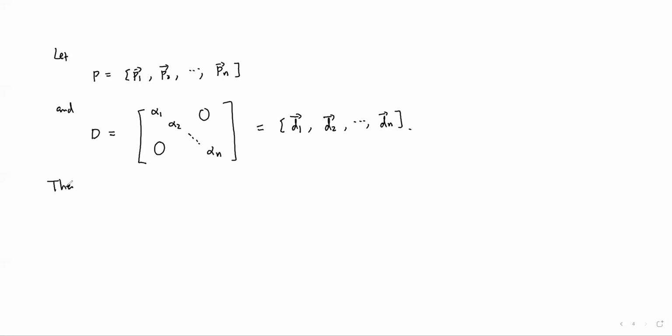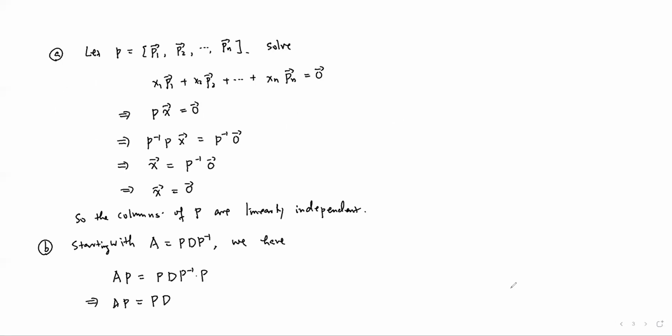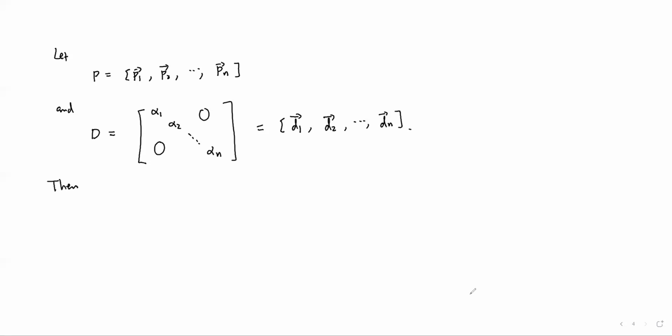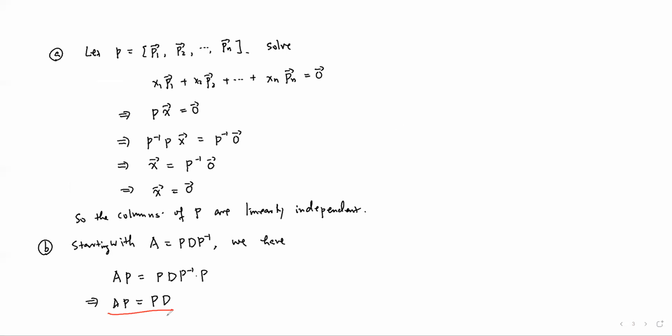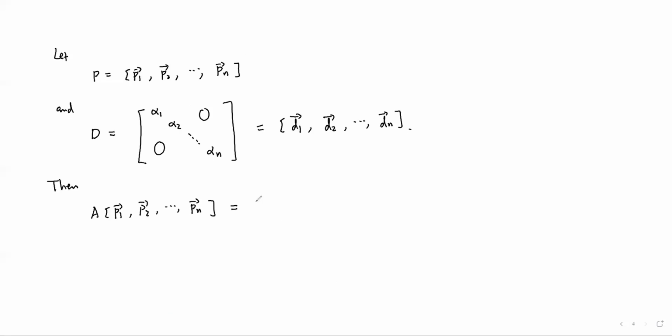Then when I cut P into columns and D into columns, this equation is A times P, where P is P1, P2, Pn, equal to the right side, P times D1, D2, Dn.